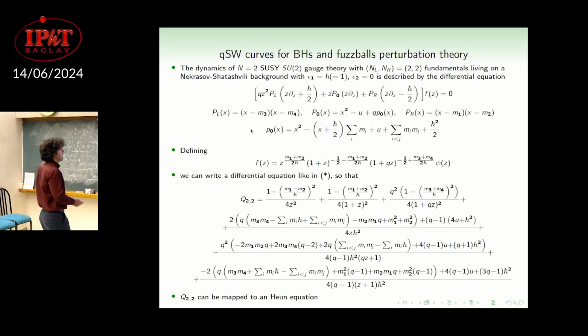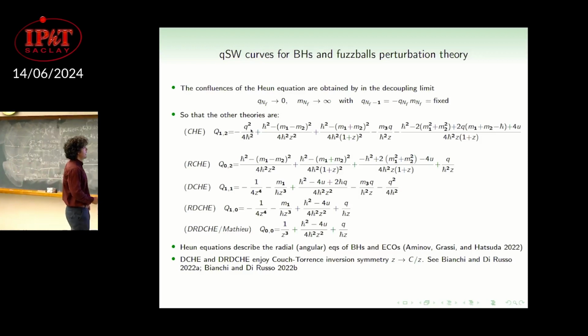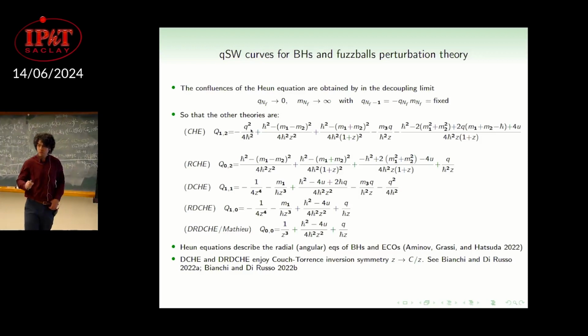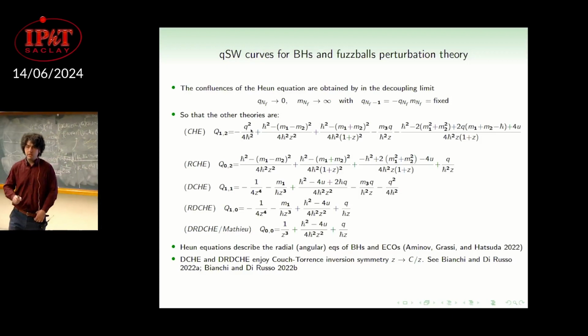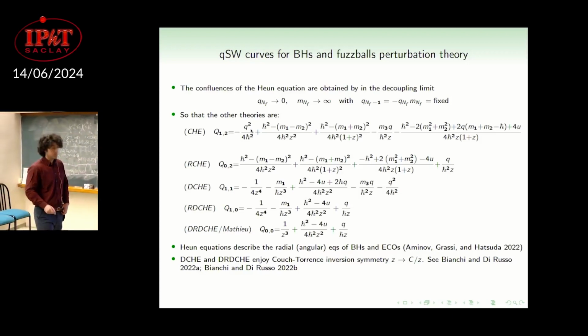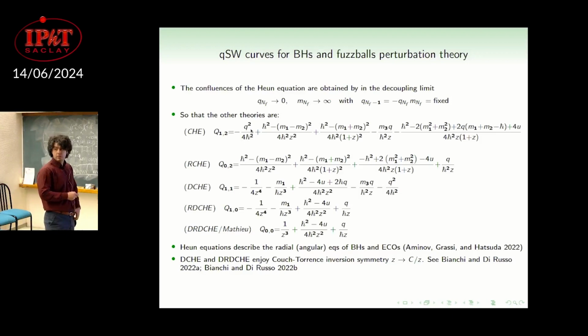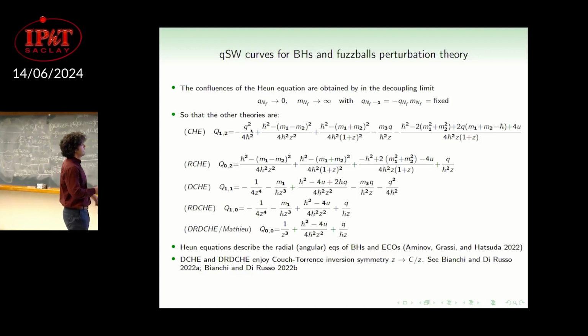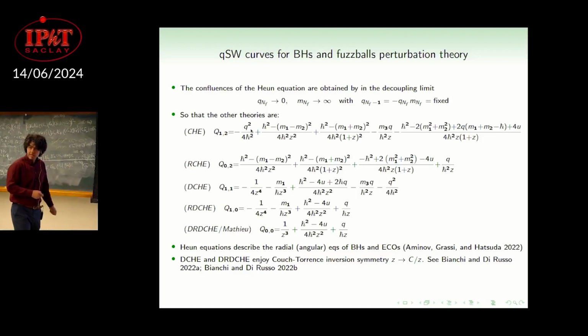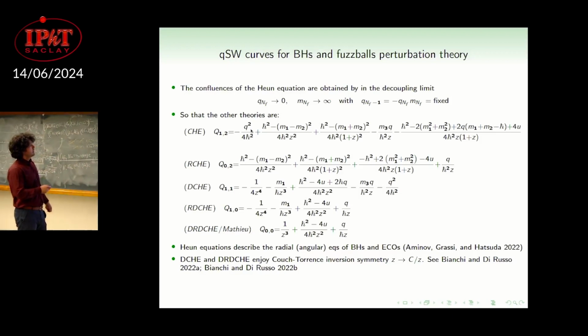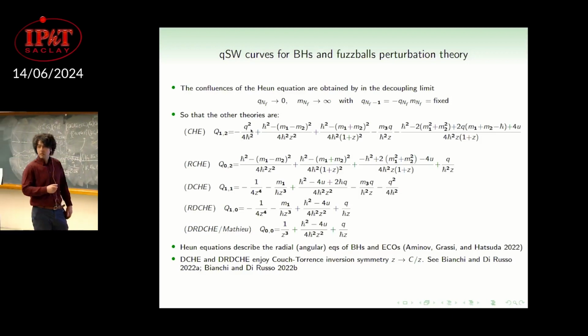Starting from the Heun equation, you can obtain all the confluences of the Heun equation by doing what I am now calling the coupling limit. I send the gauge coupling to 0 and one of the masses to infinity, but I keep fixed the product of the old coupling times the mass, and this product is the new coupling.